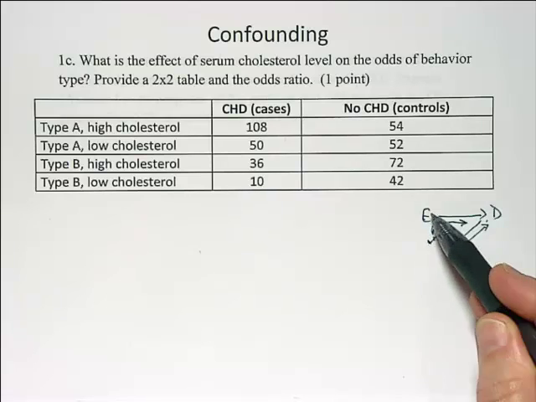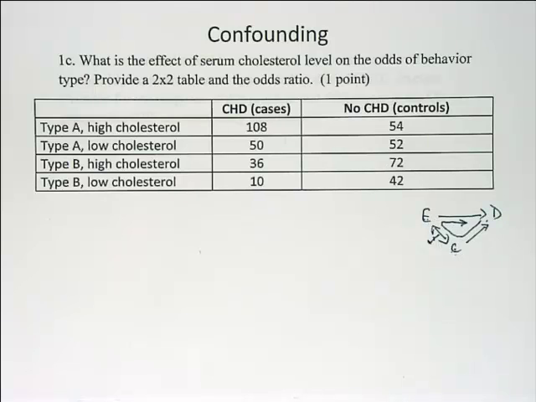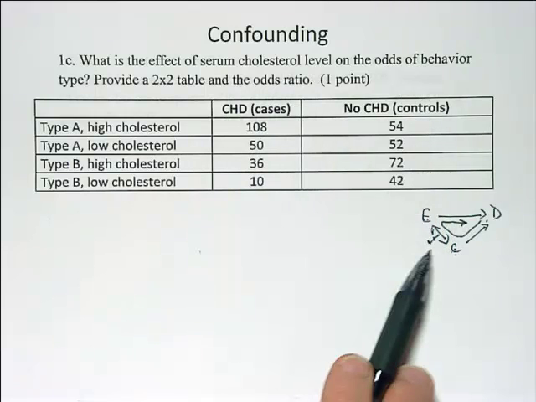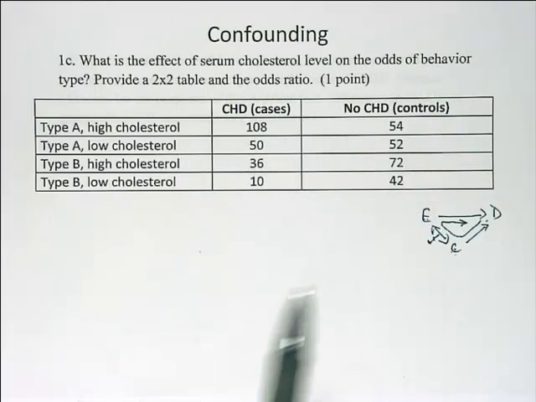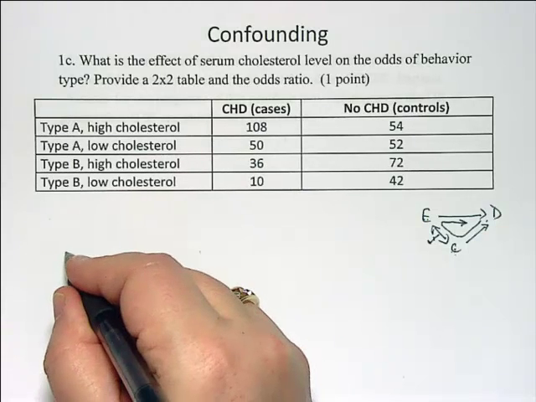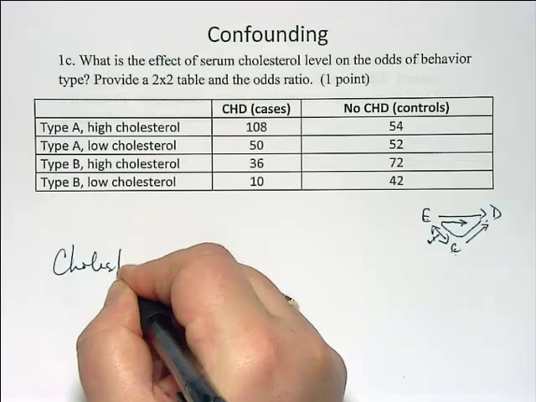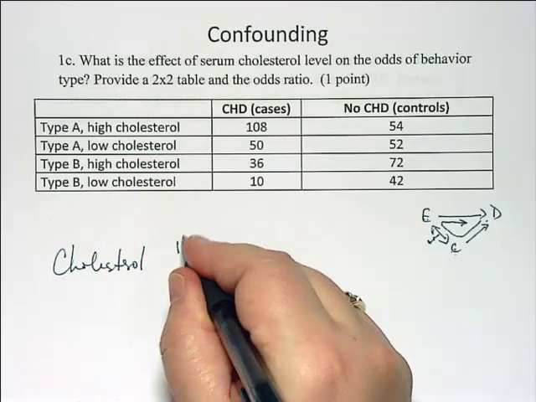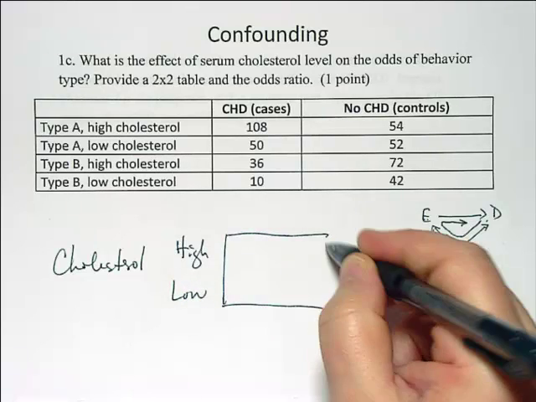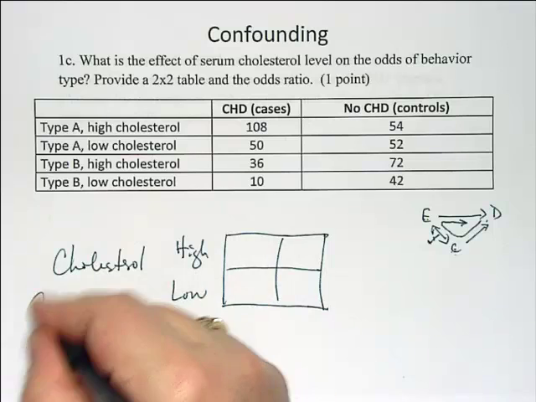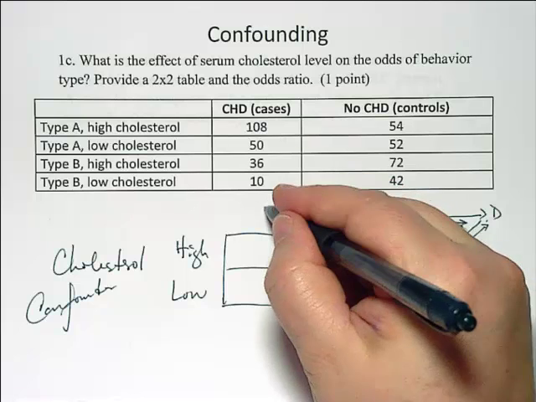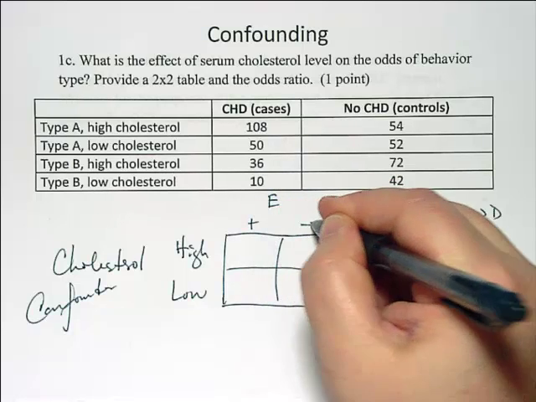So now we're going to check whether or not there's an association between, in our case, cholesterol and the odds of behavior to see if that's in fact true. So going back to this same table, it's kind of amazing what you can get out of a single table. We're now going to change the actual orientation of what is being evaluated by looking at the confounder and the exposure and their association.